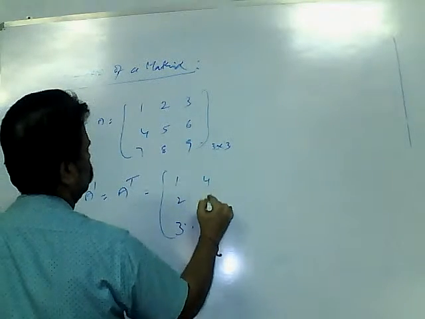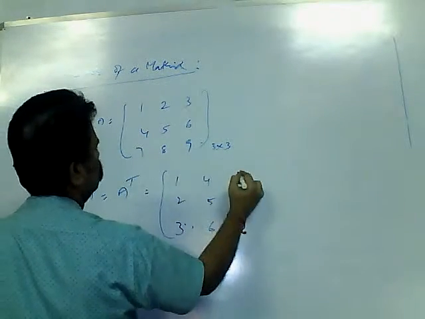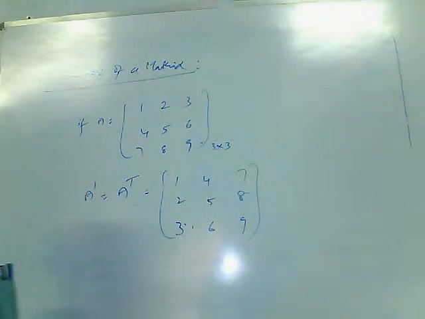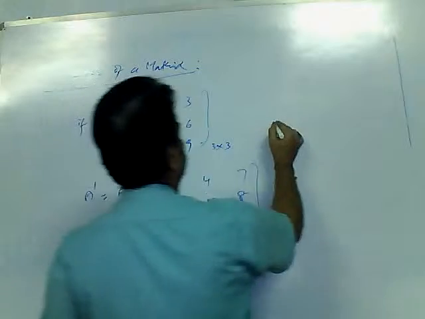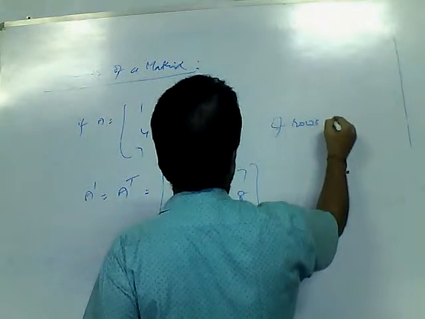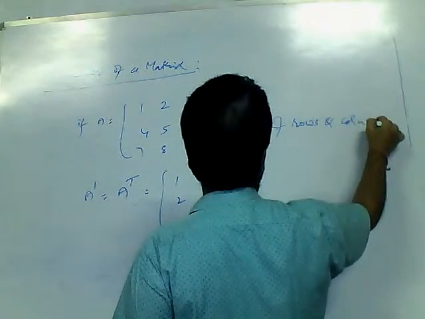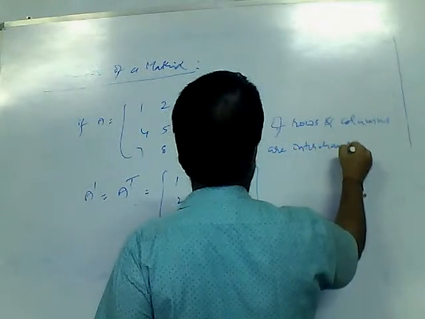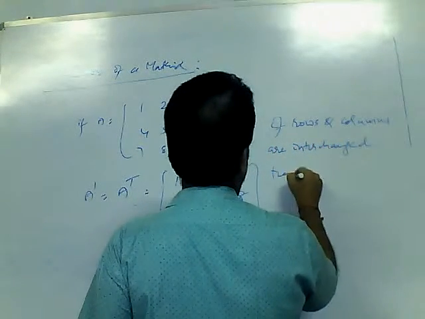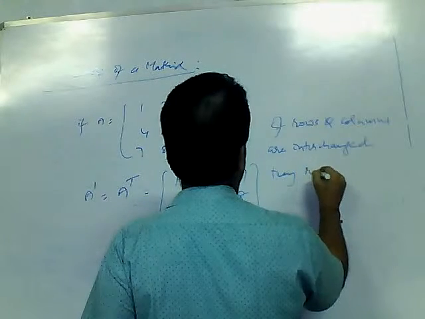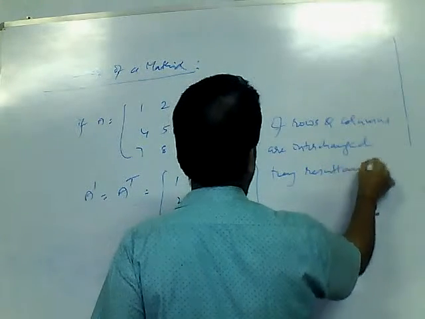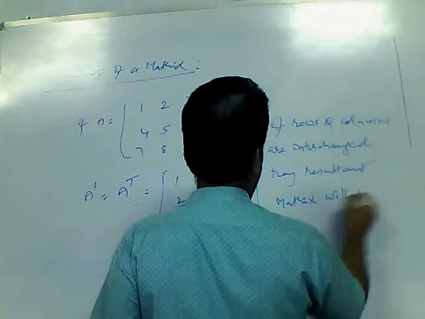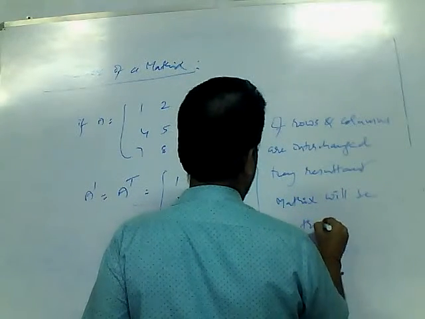The second row becomes the second column, and the third row becomes the third column. So if rows and columns are interchanged, then the resultant matrix is called the transpose of the given matrix.